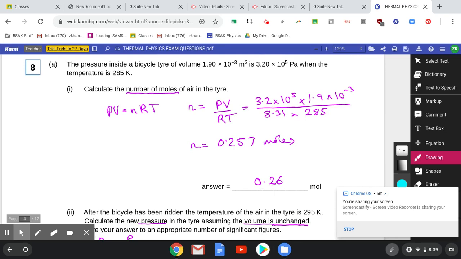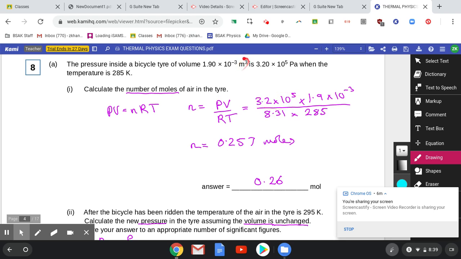Right, question 8. The pressure inside the bicycle tire. You've got volume, you've got the pressure, and you've got the temperature. So you've got P, V, T. Straight away I'm thinking I need to use this formula or the one with N and k in it. Because if I ask for a number of moles, I'm writing that down straight away. I'm rearranging it.